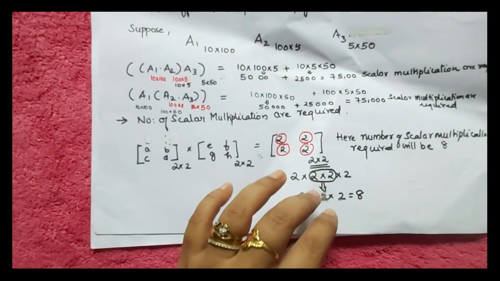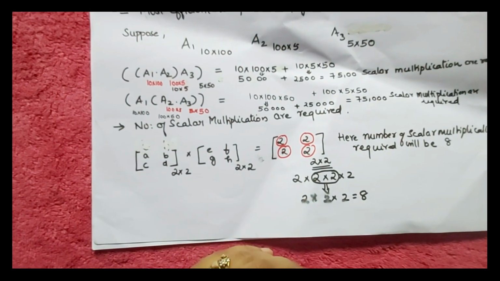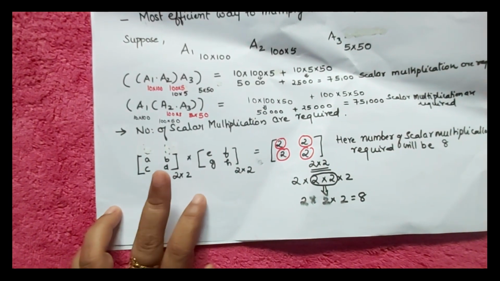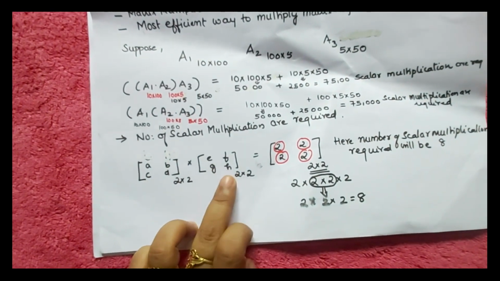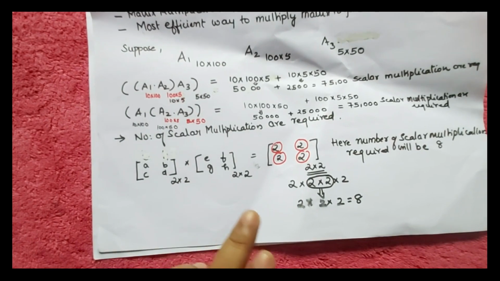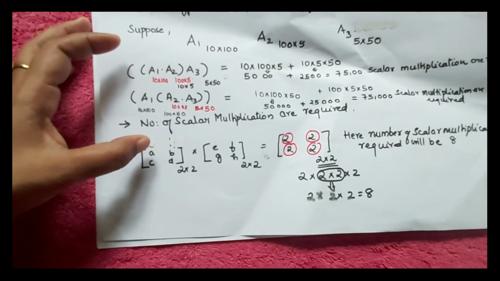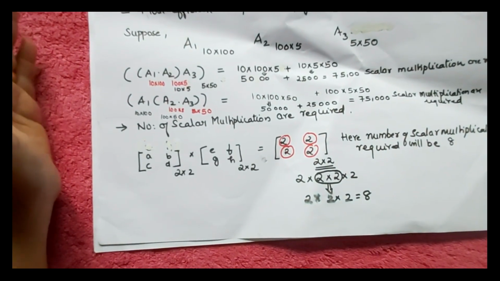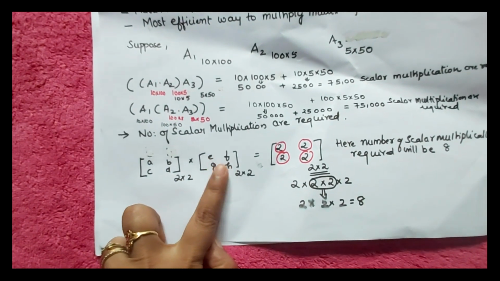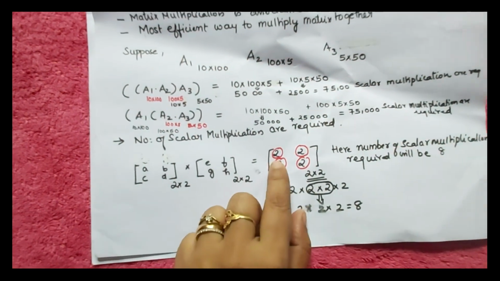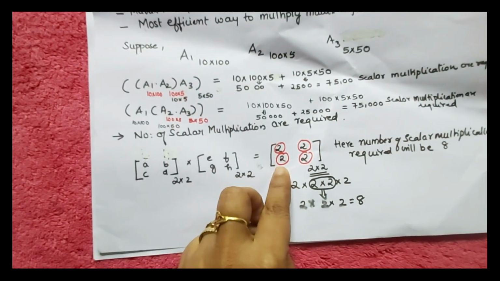I will explain this with a small example of a 2 by 2 matrix. A, B, C, D are the elements of the first matrix and E, F, G, H are the elements of the second matrix, each of order 2 cross 2. So how many scalar multiplications will be required? A into E plus B into G, that is 2 multiplications. Similarly, each of the other entries also has 2 multiplications.